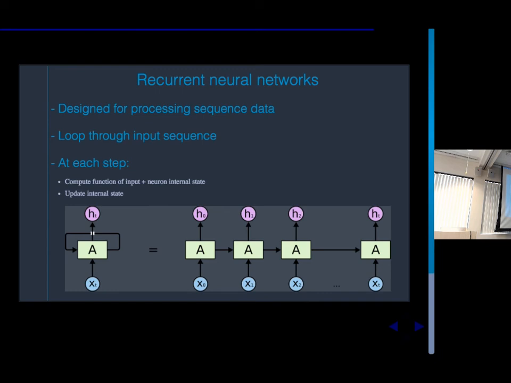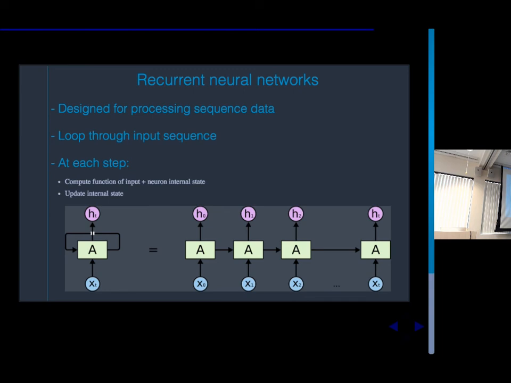When we see a new data point, we say, take this input and update my state. And this is parameterized by some state update weights.